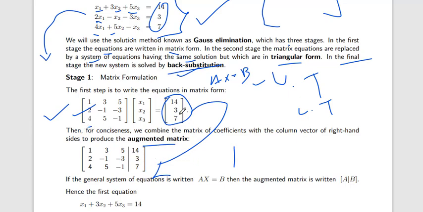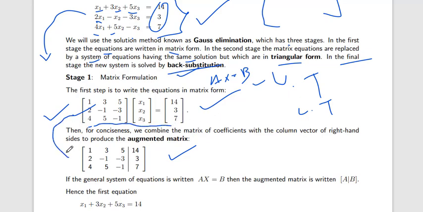Why do we transfer this into an augmented matrix? Because whenever we require addition or multiplication, we would not want to write the whole form; it's lengthy and time consuming. So we convert it into an easy form, the same matrix shape: 1, 3, 5; 2, minus 1, minus 3; 4, 5, minus 1; and 14, 3 and 7. We remove x1, x2 and x3.